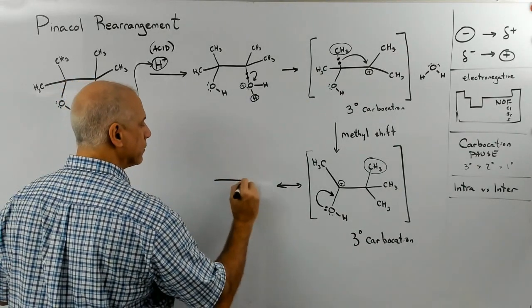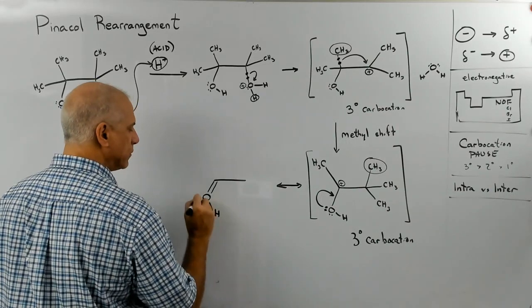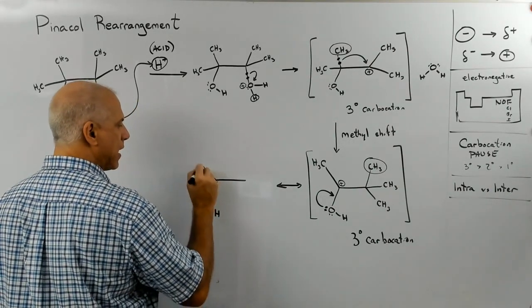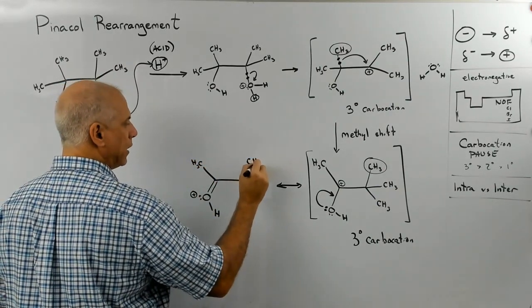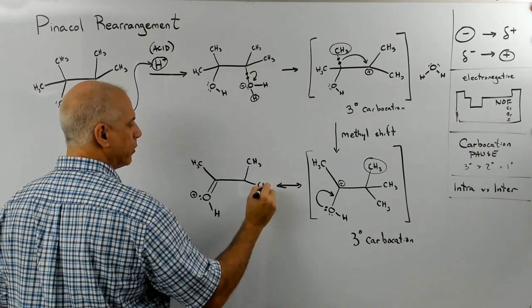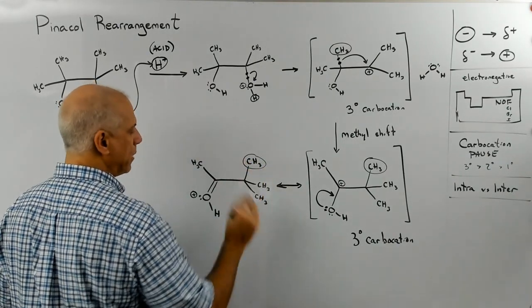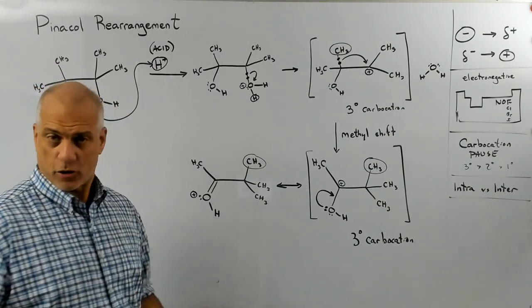So now we have a double bond to oxygen. This oxygen over here is going to be positively charged. CH3, methyl group. That's the methyl group that migrated over. And we have a positively charged oxygen.